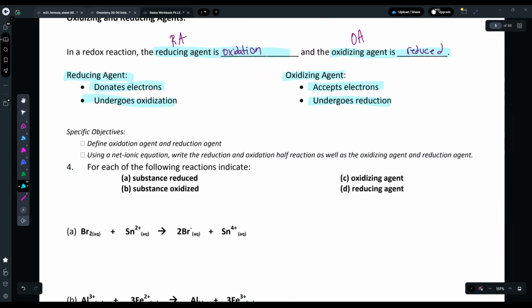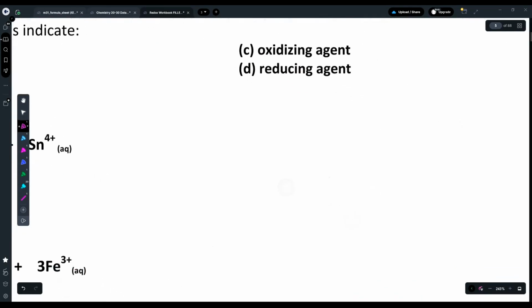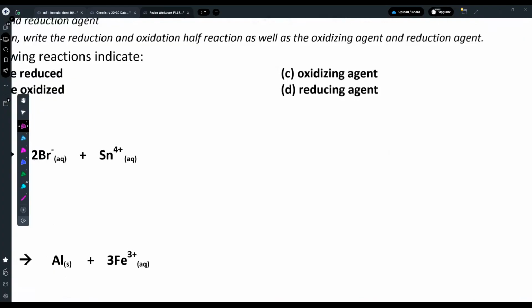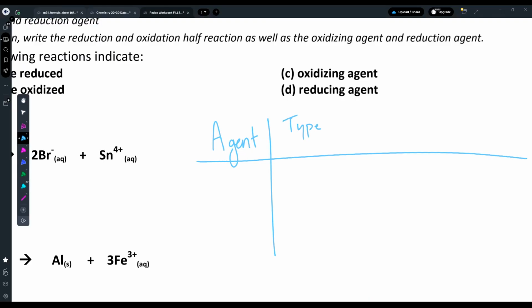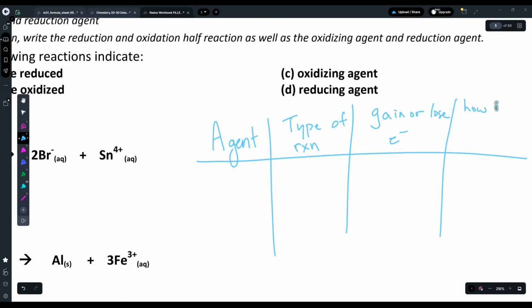Okay, so if you want to make yourself a little chart to summarize all of this, this is what I would recommend that chart be. We've got our agent, type of reaction, which I'm going to abbreviate to RXN, gain or lose electrons, and then the last one, how the agent is changed.